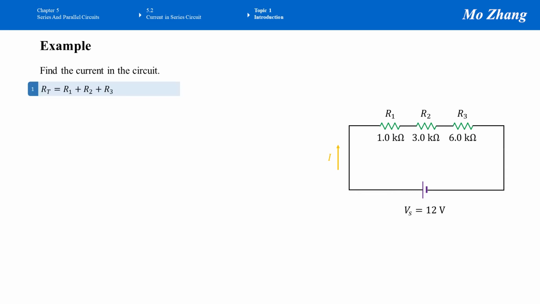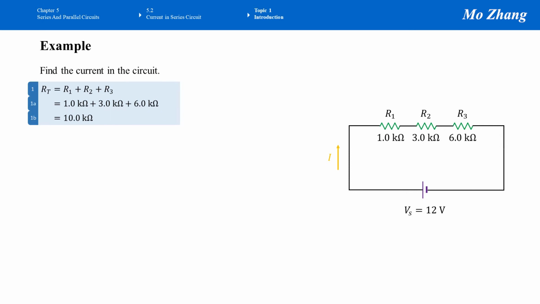The total resistance RT equals the sum of three resistors, R1 plus R2 plus R3. Substitute the value for each resistor. That is 1.0k ohm for R1 plus 3.0k ohm for R2 plus 6.0k ohm for R3.